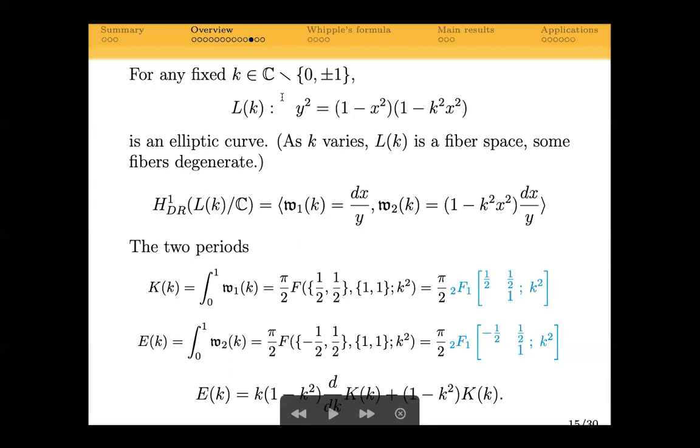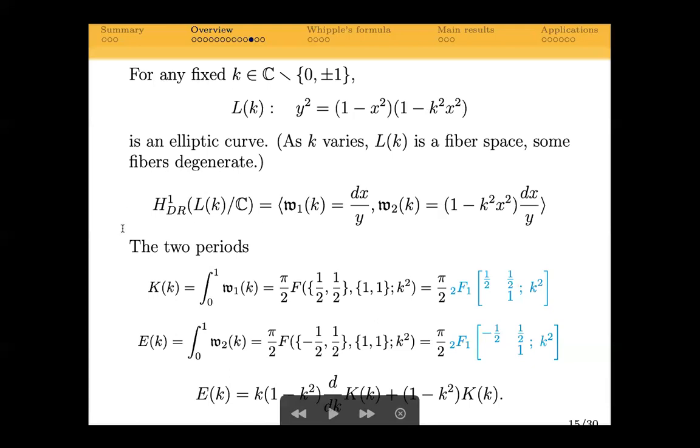For fixed k, you can write down two differentials corresponding to the elliptic curve. One is omega 1, which is dx over y. The other one, omega 2, is (1 minus k squared x squared) dx over y. The first one is holomorphic, the second one is not.